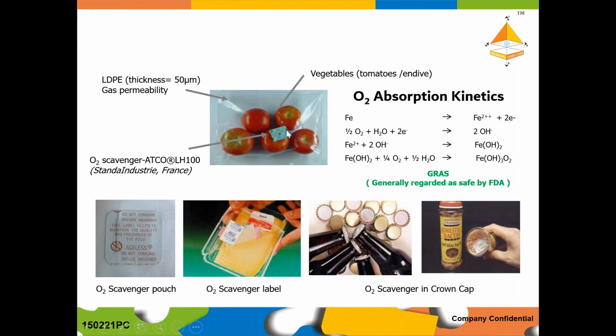This is the oxygen scavenger. Whatever extra oxygen comes from tomatoes, it keeps absorbing, and iron in the presence of water becomes iron oxide, and this actively works. Scavengers can be in the form of a pouch which has iron oxide inside, and you see those small sachets many times.